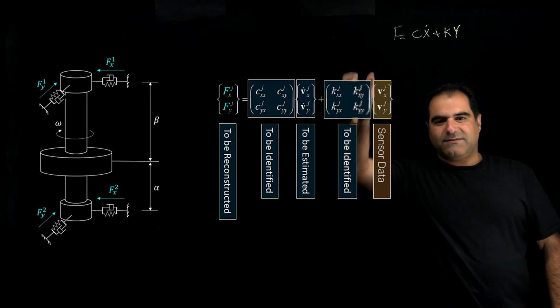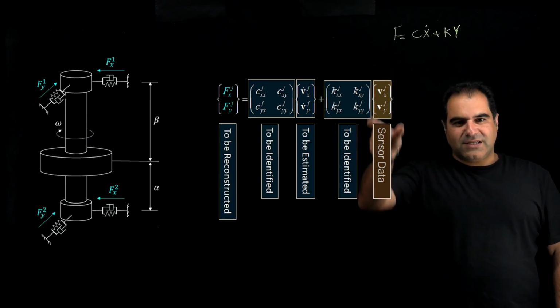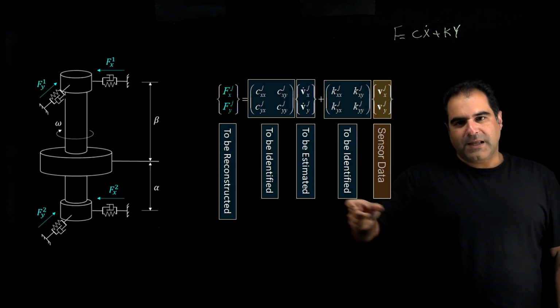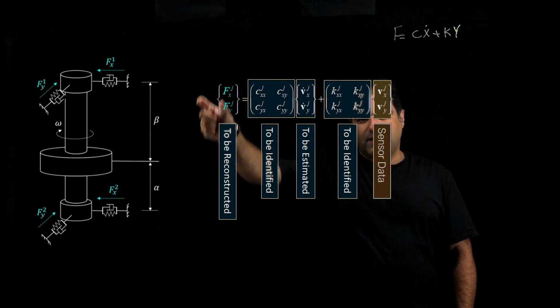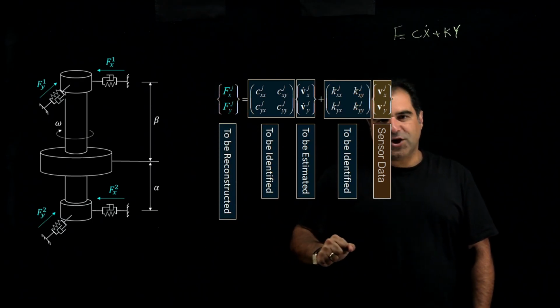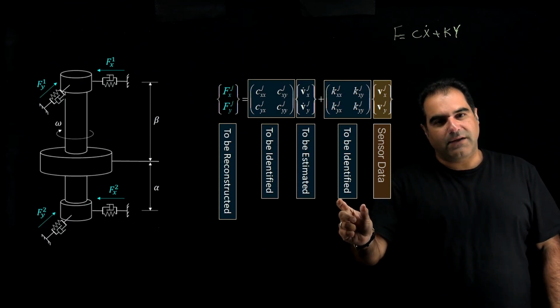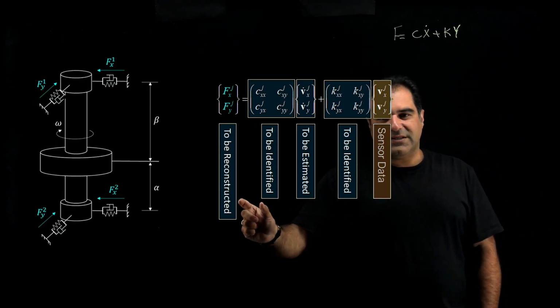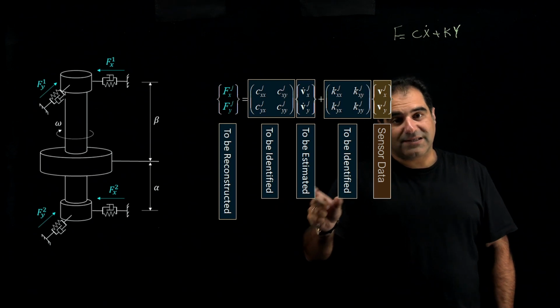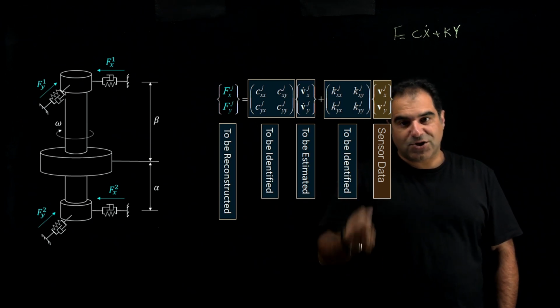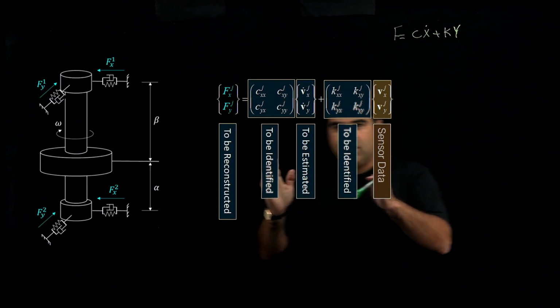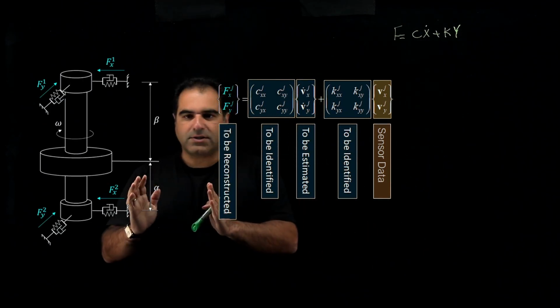For each bearing, we measure the displacement in the X and Y directions, and we are interested in reconstructing Fx and Fy for each bearing. But we measure only the displacement. We don't know the K value in each direction, we don't know the damping value in each direction, and we don't know the velocity of the vibration in each direction. We need all these 3 blocks to be able to reconstruct the force.